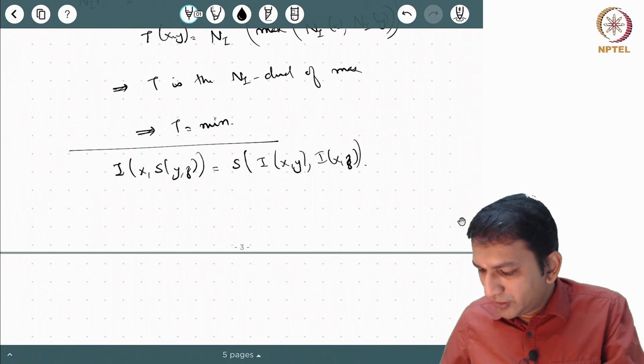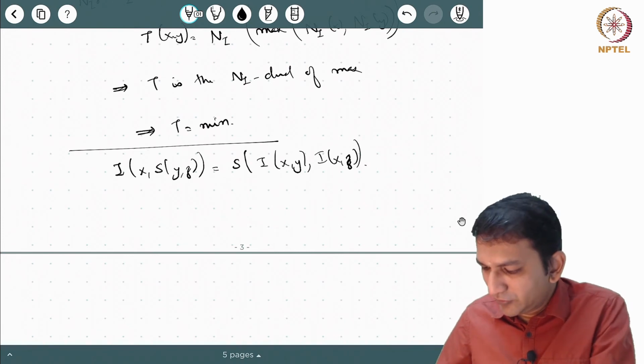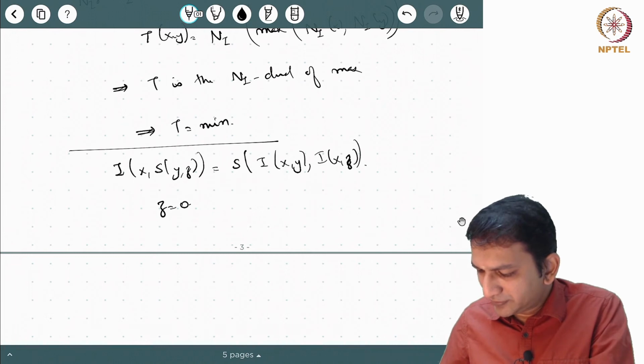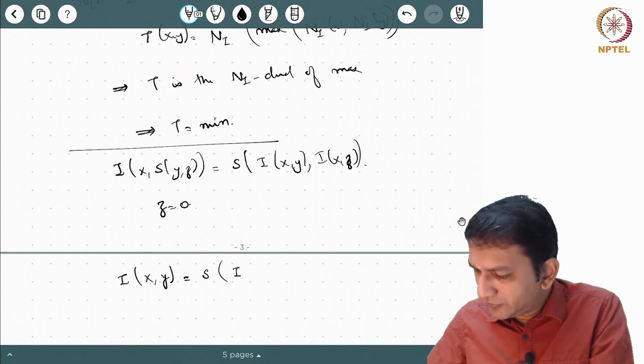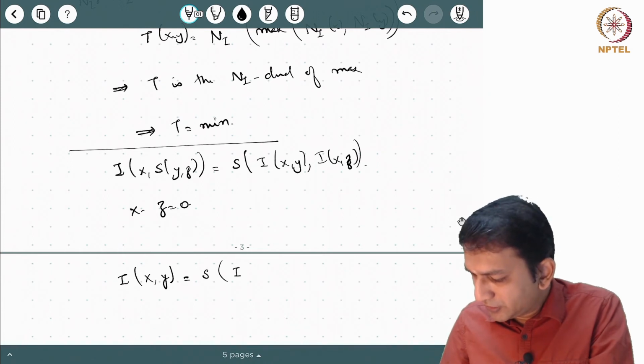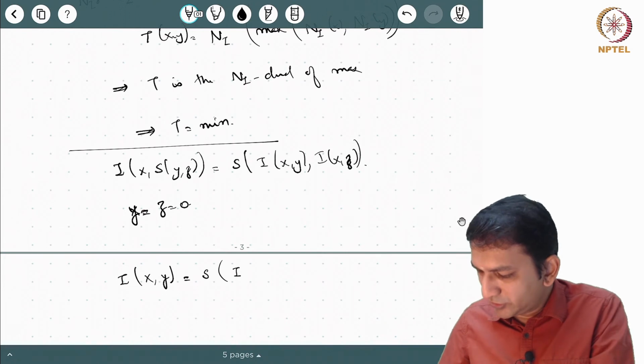So now we have Ni is onto. Now let's take Z to be 0. Then what we have is I of x comma y is equal to, we'll take x, y is equal to z is equal to 0.